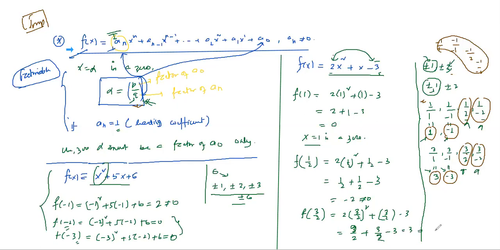So this time this is also not 0, right? So that means ultimately you will be getting this as the 0, this as the 0, right? You please check it and let me know. I'm not going to check this. I'm waiting. Please check whether f of minus 3 by 2 is a 0 or not. It should be the 0 because already 3 by 2 is not a 0.